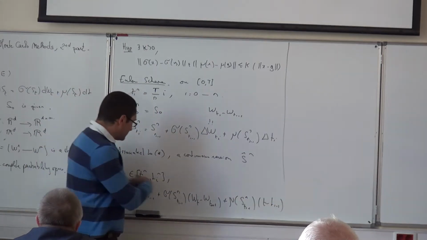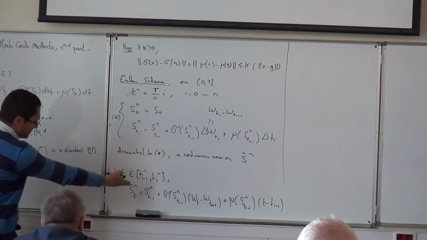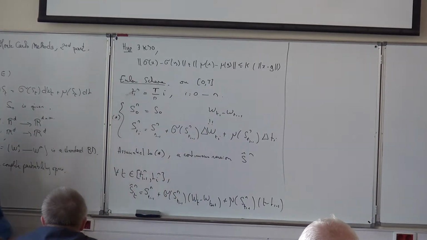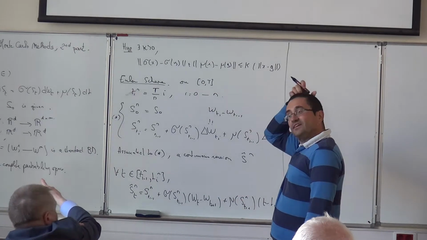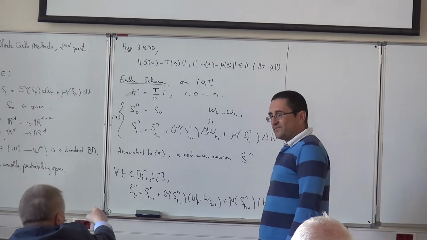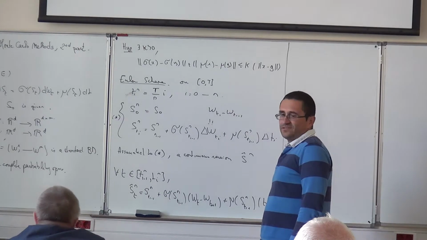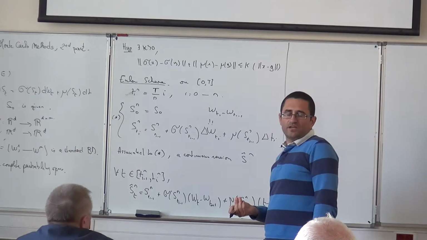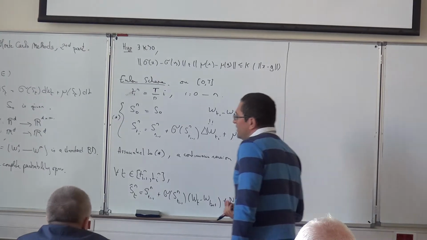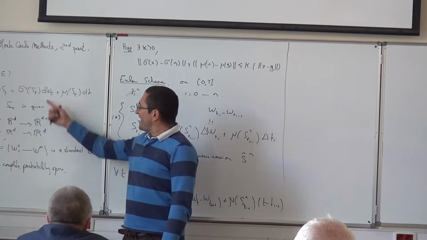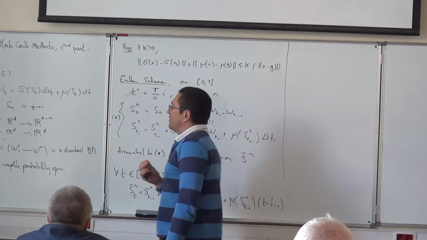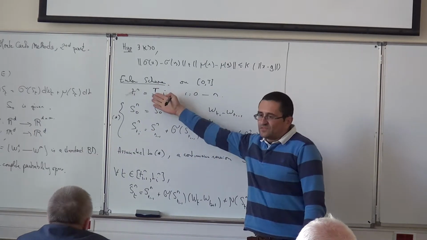In particular, it is the solution of a stochastic differential equation of this form. So you are going to compare the solution of this equation with S hat, and then S hat with the scheme. This is easier because when you want to simulate approximated trajectories of S, we can just do it at some discrete times t_i^n.